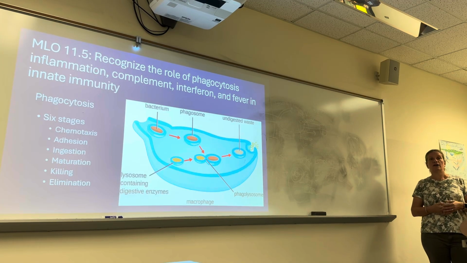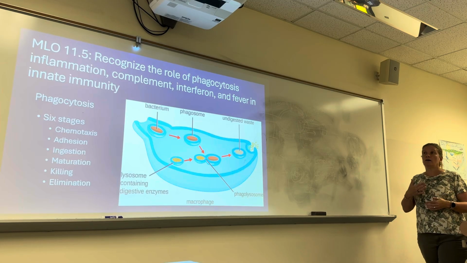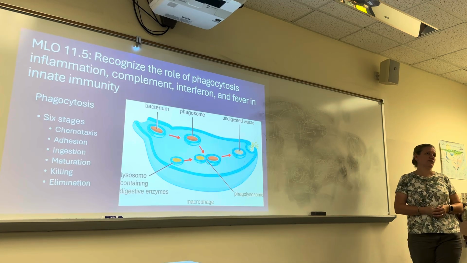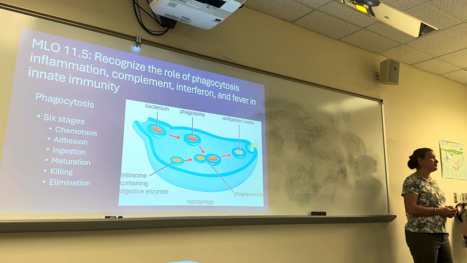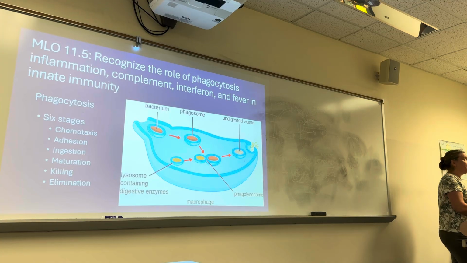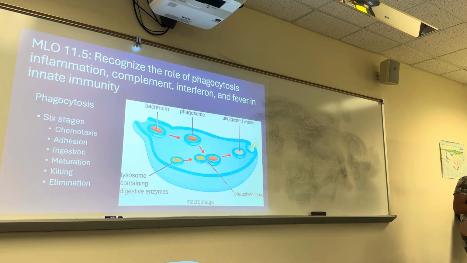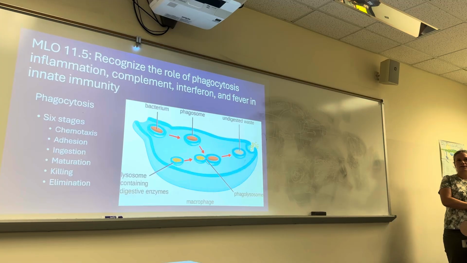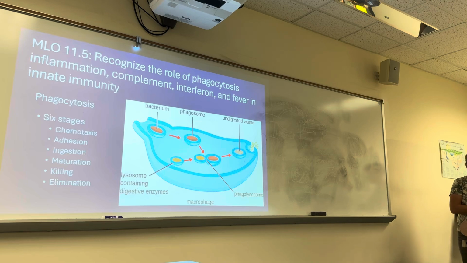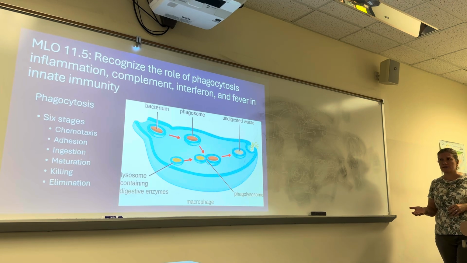Lipid A is found on the outer membrane of any gram-negative cell. Okay, so the specificity is not there, but it is recognized as not belonging to us, right? Because these are molecules that we don't produce, and that's how they are going to be able to recognize them.